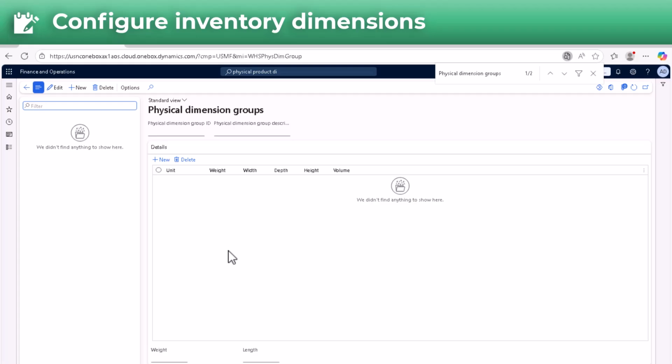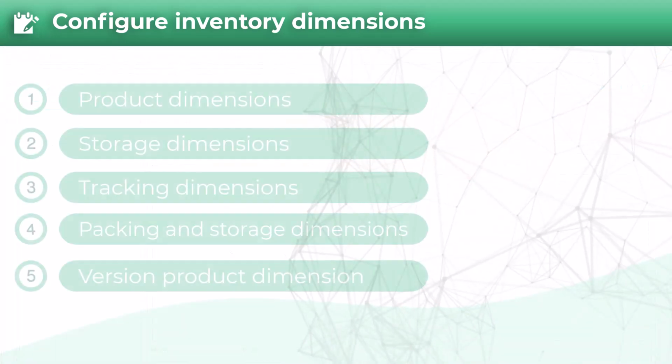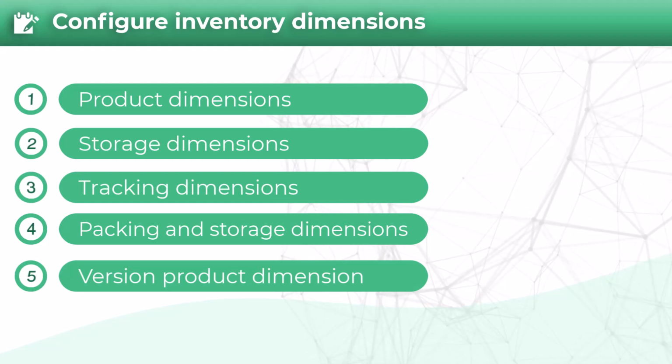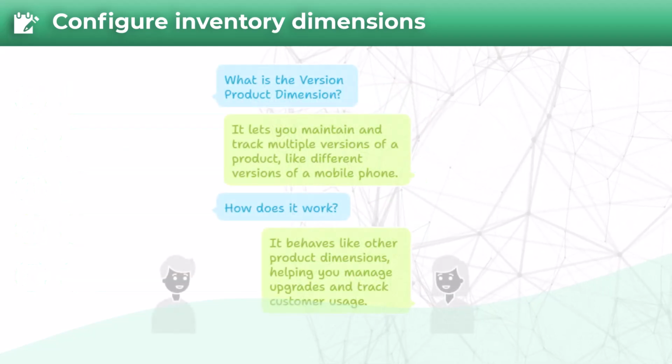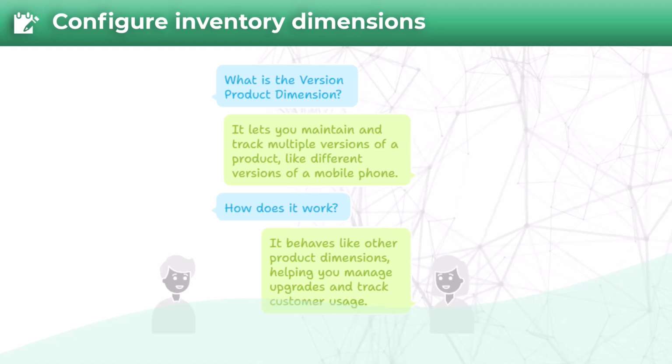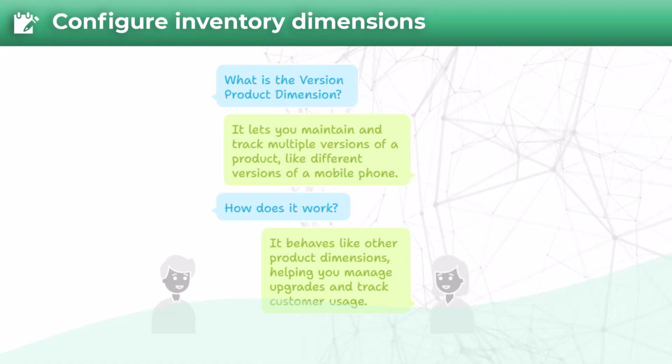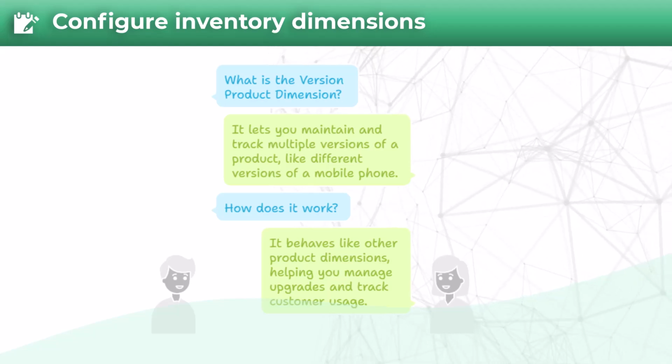Now let's move to another dimension, that is the version product dimension. This is a newer dimension in Dynamics 365. It lets you maintain and track multiple versions of a product. It behaves like other product dimensions: size, style, color, configuration.